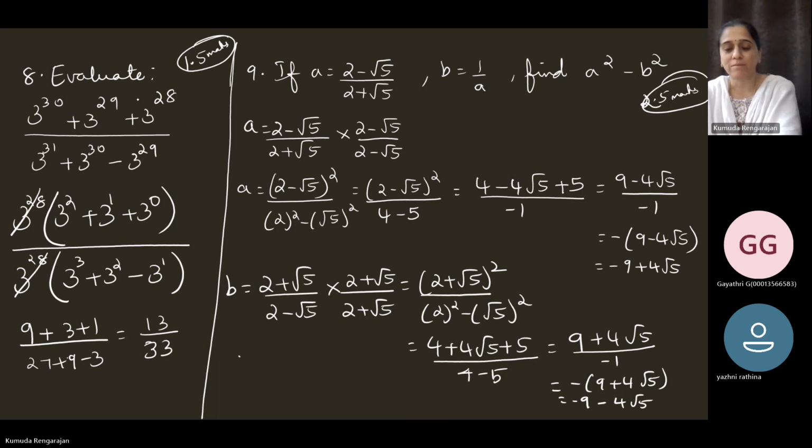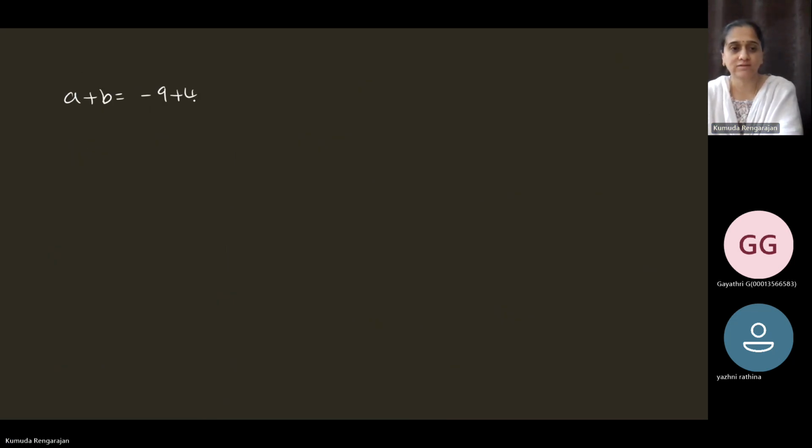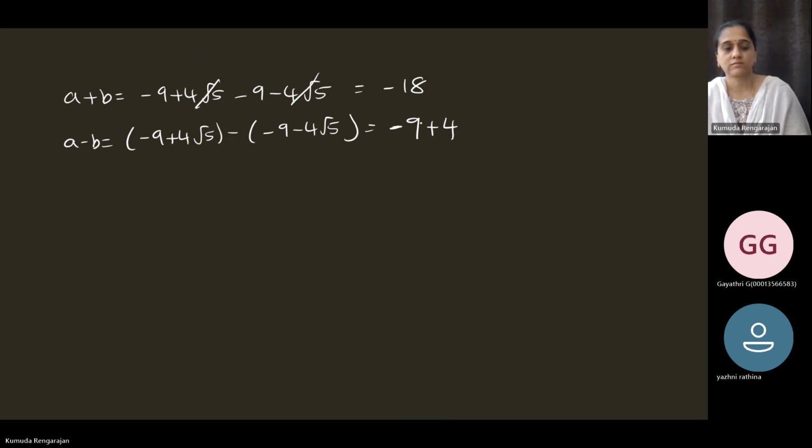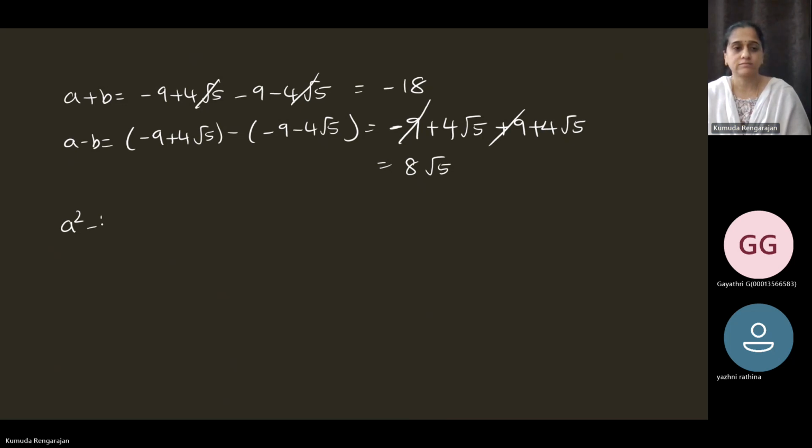A plus b is equal to -9 plus 4 root 5. -9 minus 4 root 5. Correct. Minus 144. Correct.